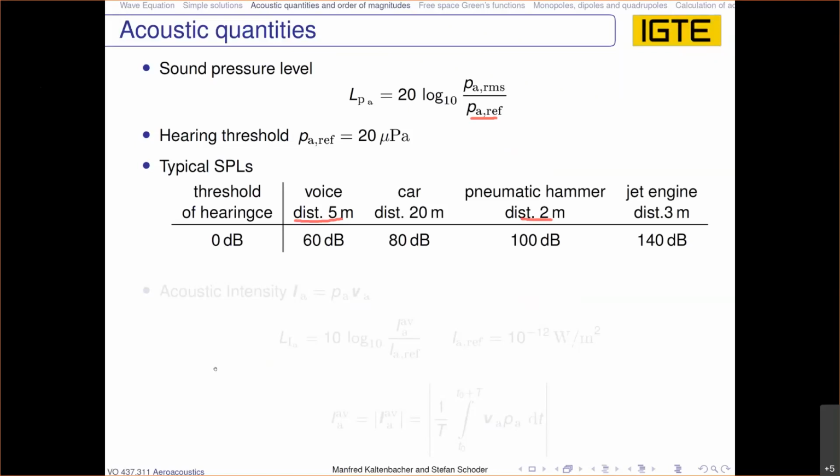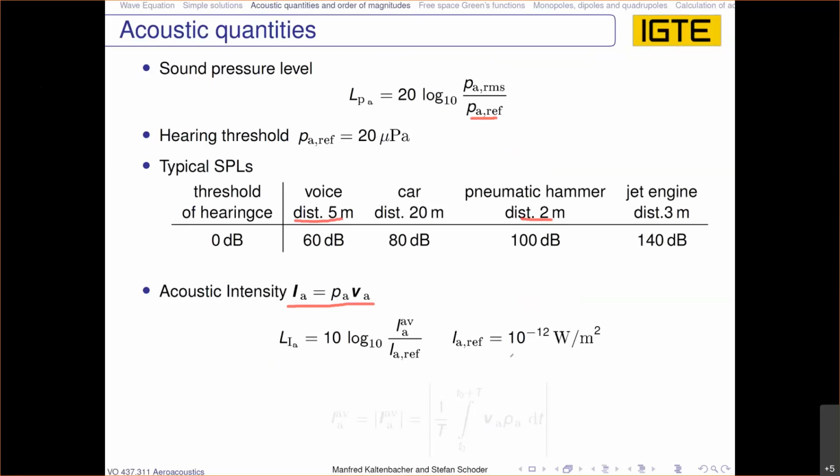The next important quantity is the intensity, which is already a vectorial quantity. That is clear because we multiply our two primary quantities, acoustic pressure and acoustic particle velocity, according to the 20 micropascal, and assuming a plane wave.